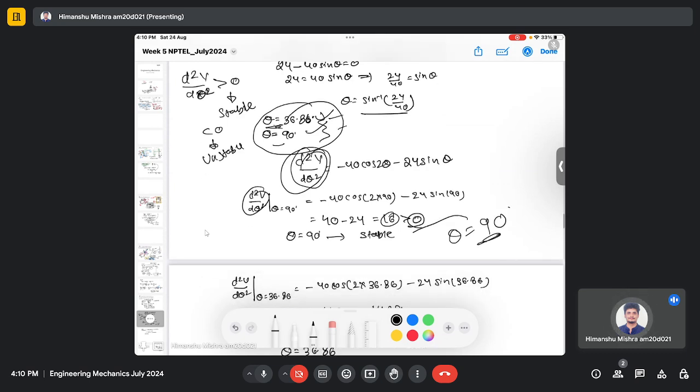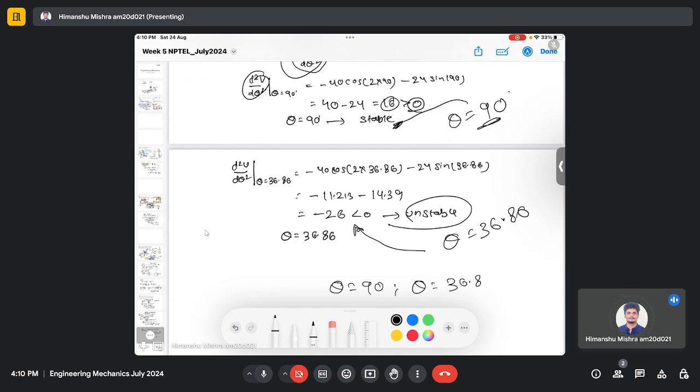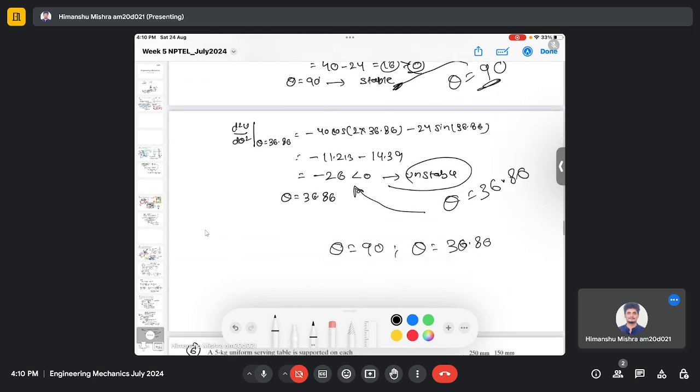The other equilibrium state, theta 36.86, is unstable because its double derivative comes out negative, which is less than 0. So these are the equilibrium positions of the system: one is stable and one is unstable.